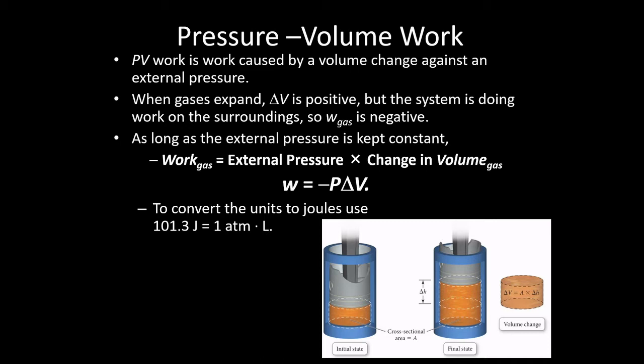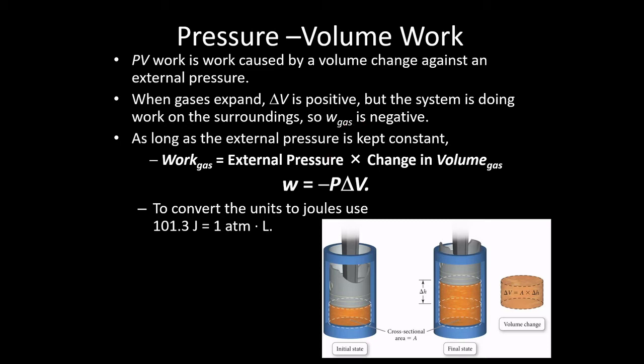So, as it states here, when the gas expands, delta V is positive, but the system is doing work on the surroundings, so the work that is done by the gas is actually negative.